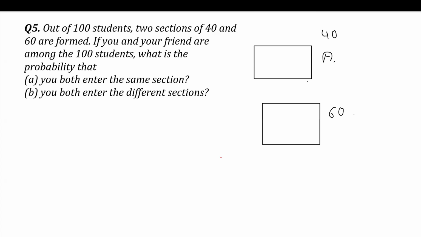Now, the first part. First of all, we will look at selecting two students from 100. The total number of ways of selecting two students from 100 students is 100C2. Now, the possibility that both are in section A, the section comprising 40 students, is only possible when out of these 40 students, two are selected such that they are you and your friend.